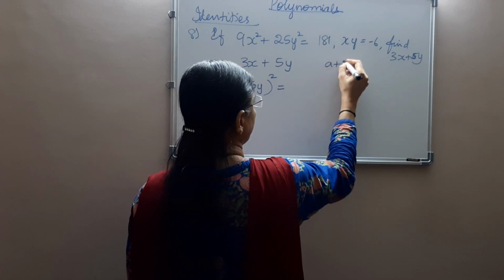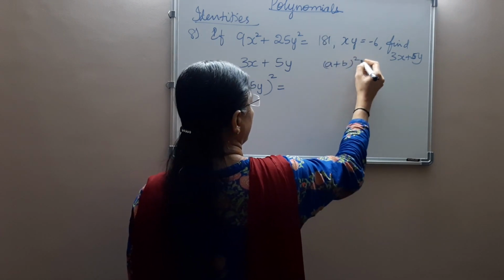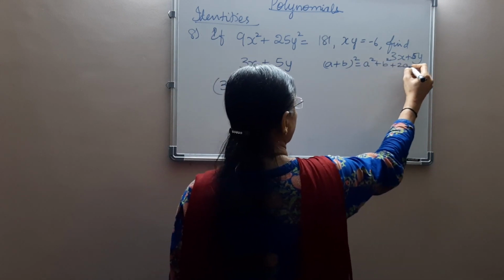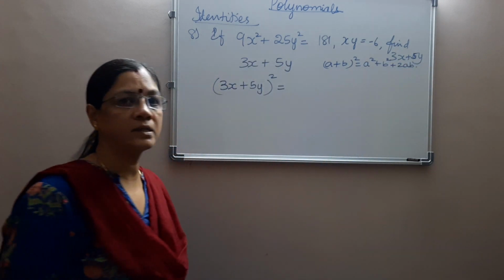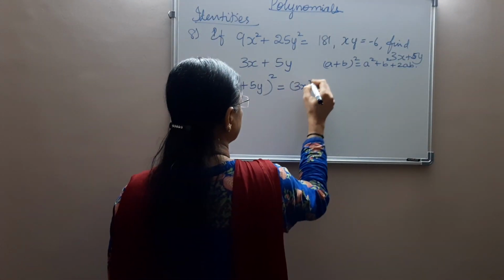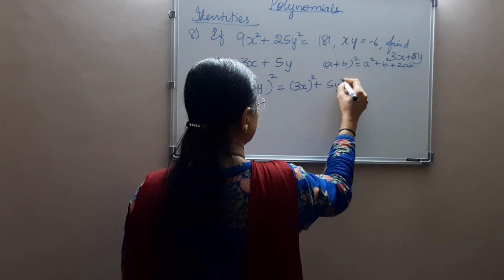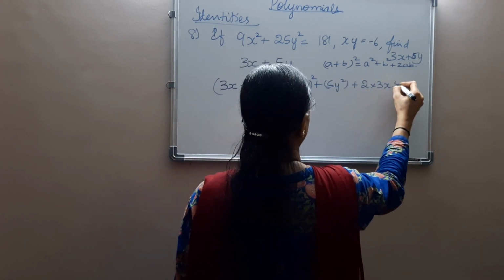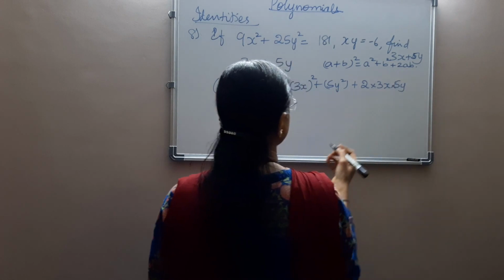I've told you that please justify your answers with the related identity. So ours is a plus b the whole square, a squared plus b squared plus 2 times a into b, isn't it?